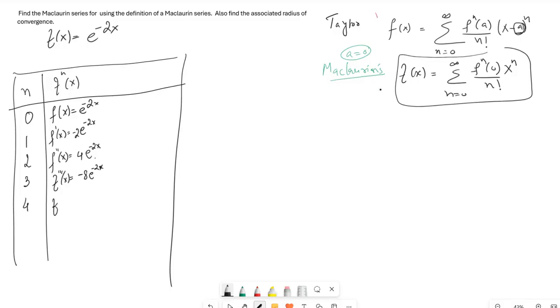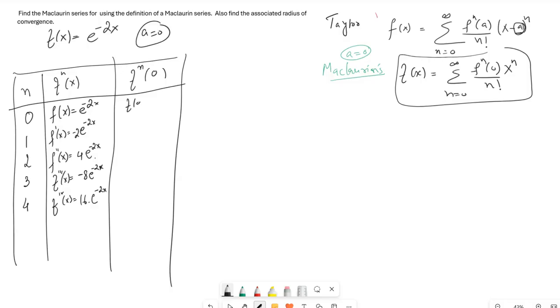For n equals 4, the fourth derivative is e to the power negative 2x times negative 2 times negative 8, which is 16. Then we need to find f^(n) at a. Here a is 0.